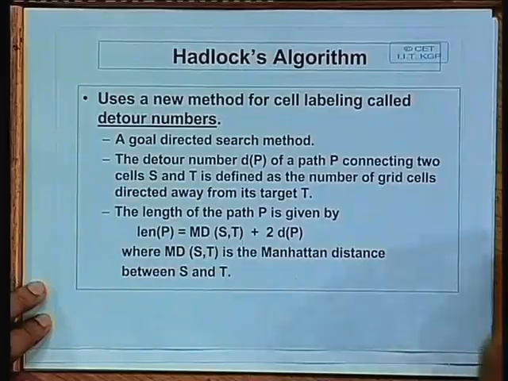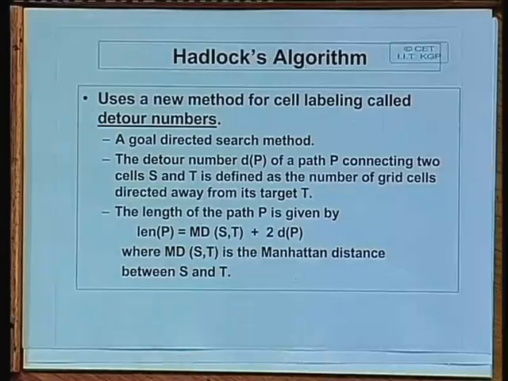Today we will be talking about an algorithm which is similar to Lee's algorithm in the sense that it also works on a grid, it also labels the cells, but it is more of a goal directed method. It tries to take advantage of the fact that which direction the final target is located.